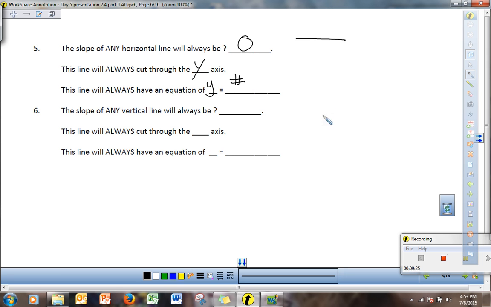The slope of any vertical line will be undefined. This line will always cut through the x-axis, and it will always have an equation of x equals some number, some constant.